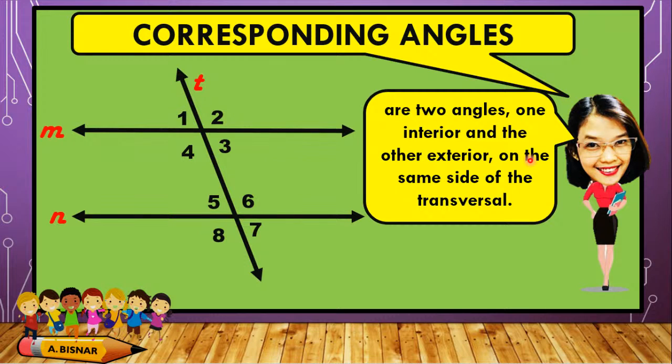I'll give the first example. Angle 1 and angle 5. So this is the first pair of corresponding angles. Ano pa kaya yung mga iba pang pairs? Can you give one?